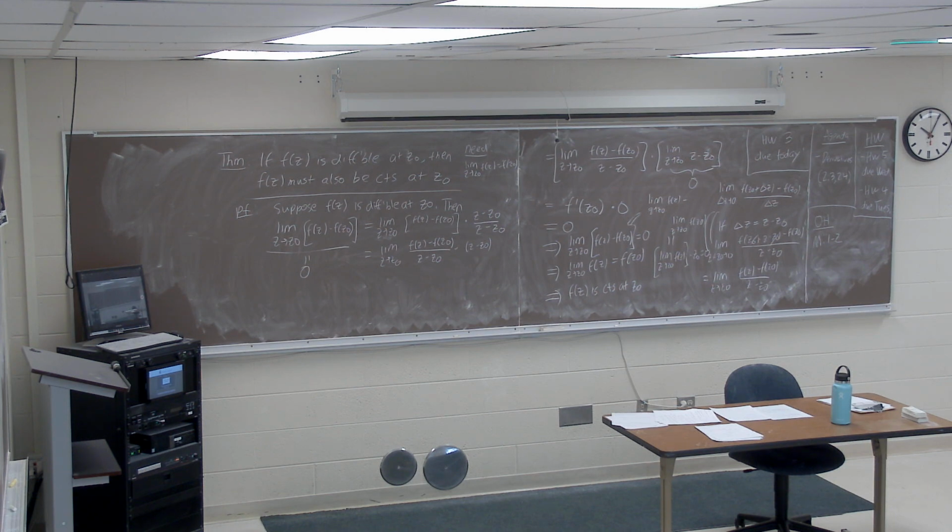A disk, a closed disk with radius 3. Yeah, that makes sense. I think you could do something similar here without having to break it up into real and imaginary pieces. Just pick your z naught to be that specific point I gave you. Oh, that makes a lot of sense. Okay.